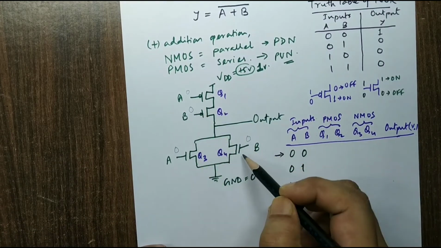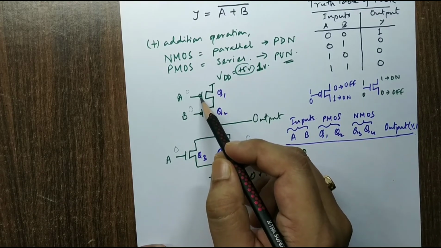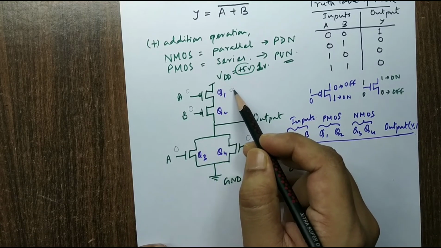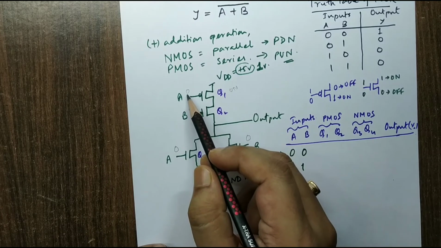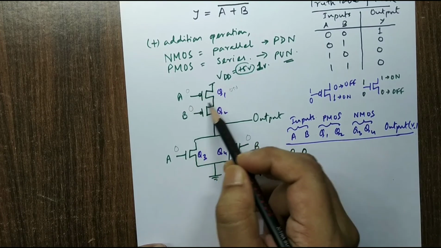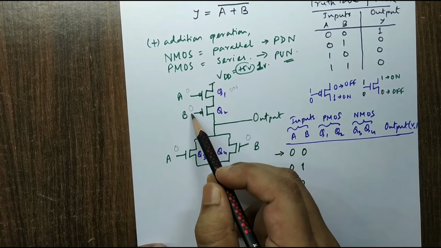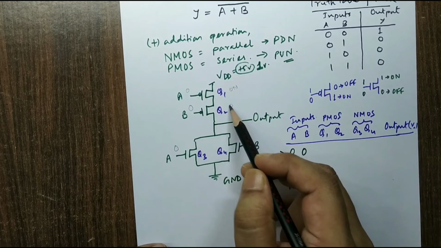So if it is so, for that 0, what will happen? Due to this bubble, it will pass 1. That means Q1 is on. Can I say, if A is 0 and due to this bubble the transistor gets on, that Q1 PMOS gets on? Similarly, if B is 0, the PMOS 2, that is Q2, gets on.